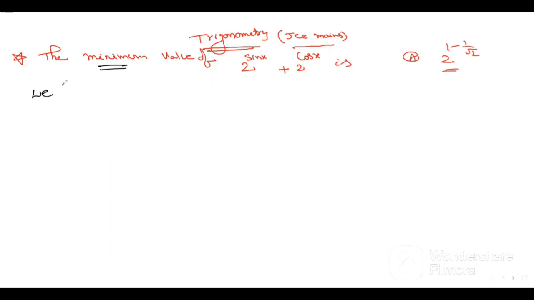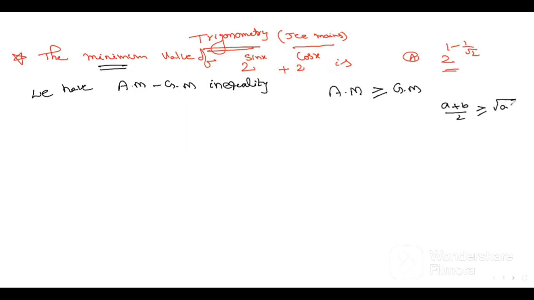But we have the AM, GM inequality. What is the AM, GM inequality? AM, arithmetic mean, is always greater than or equal to geometric mean. Here, let us take two numbers: (A plus B) by 2 should be greater than or equal to root AB.